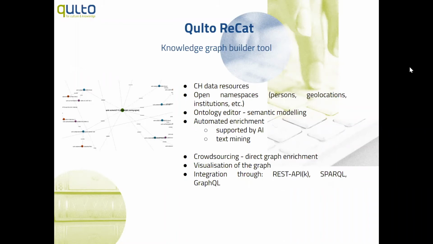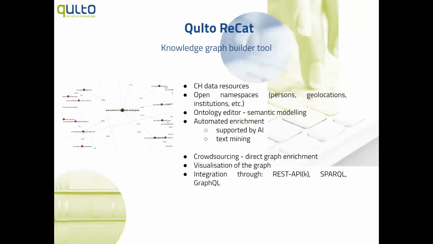So, Qulto ReCat, the Recatalog module, the knowledge graph builder tool, is designed for cultural heritage data resources. It lets you connect your data with open namespaces for personal records, geolocation, and other authority files.